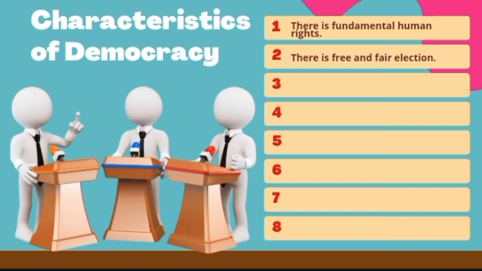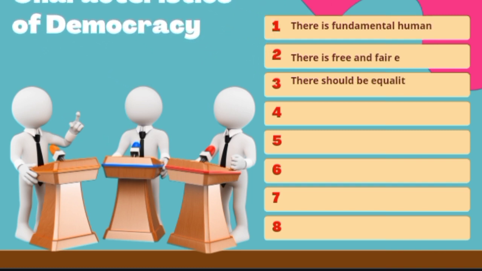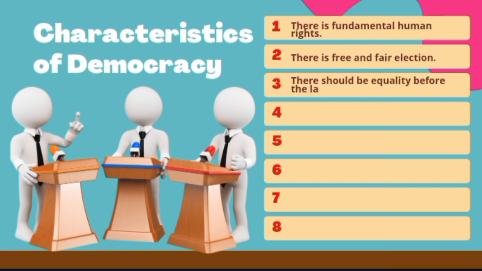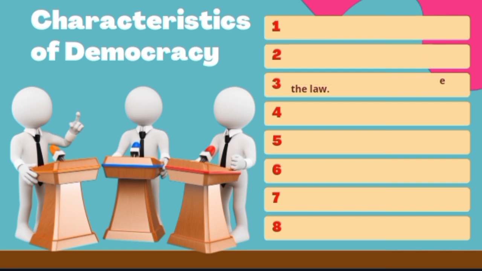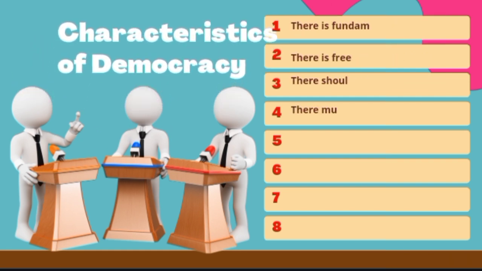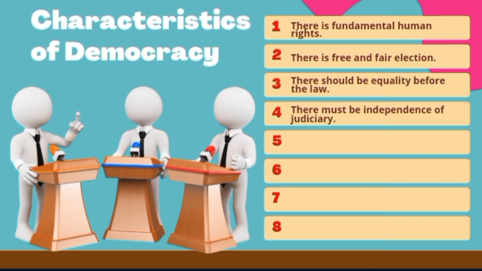Then three is that the government should respect the rule of law and the fundamental human rights of citizens. Number four, we have that there must be an independent judiciary.